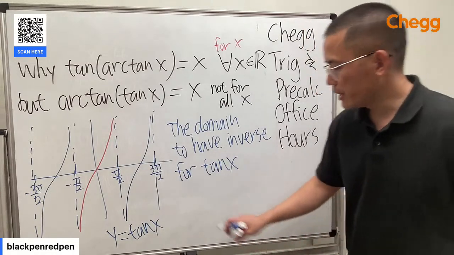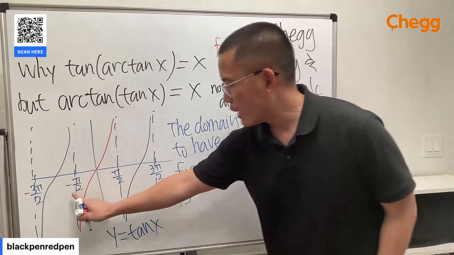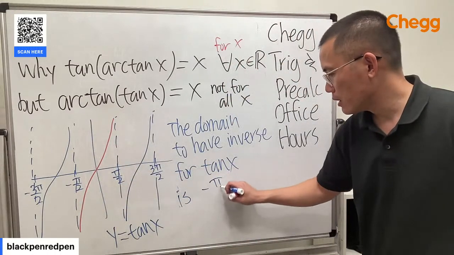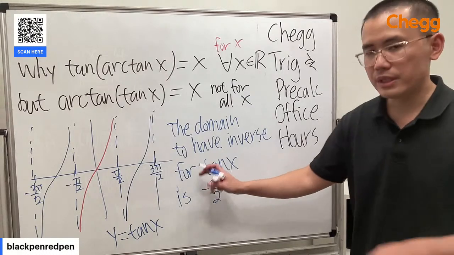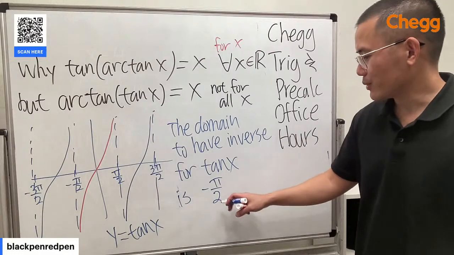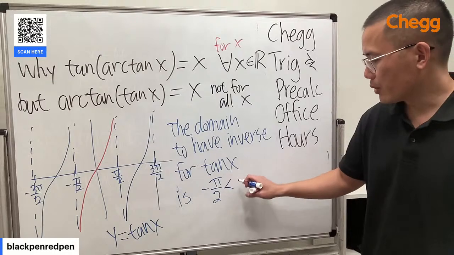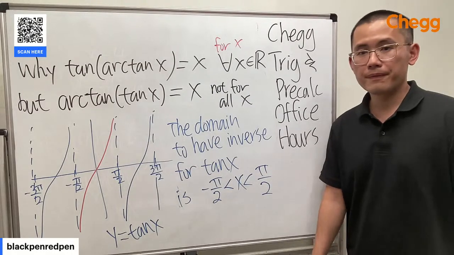Okay, the key right here is from negative pi over 2 to positive pi over 2. And I'm going to just write it as an inequality, because if I put interval notation, it looks like a point. Not my favorite notation, but I will just write it like this. Not including the endpoints though, so x like this.